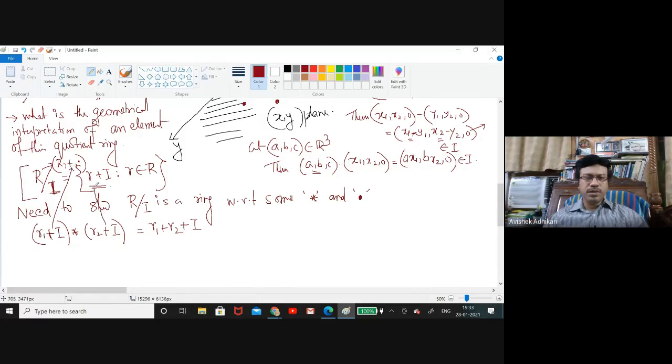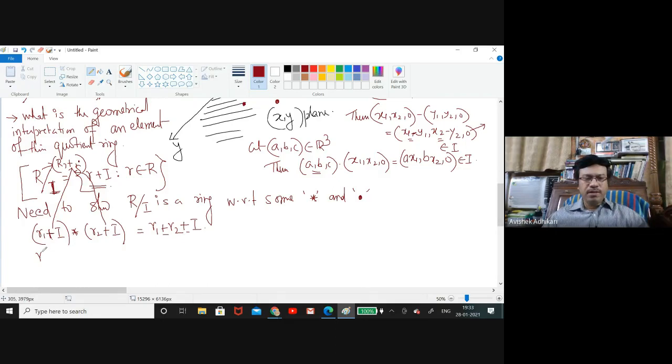This plus is from here, the same plus, and this plus are the same, because each element of I will be added with R1 plus R2. Here, this plus means each element of I will be added with R2 and so on.